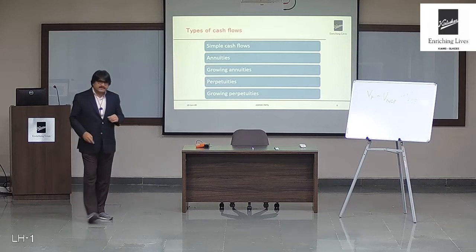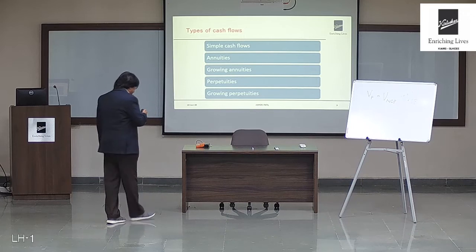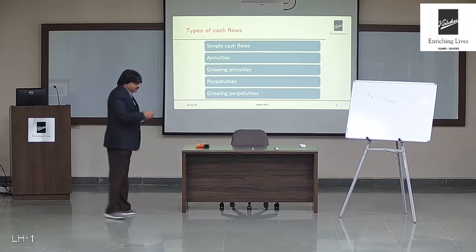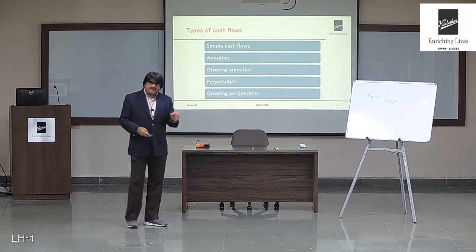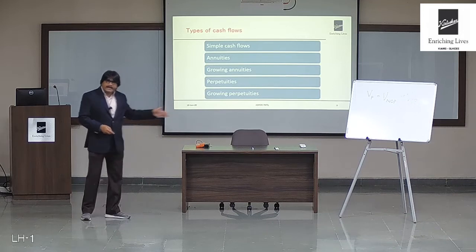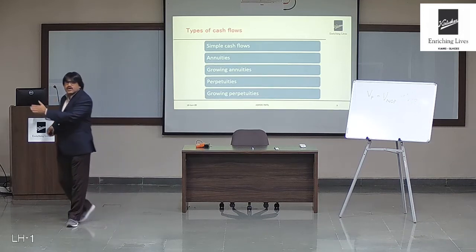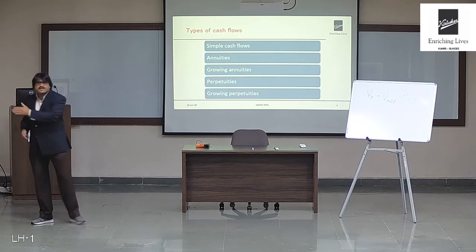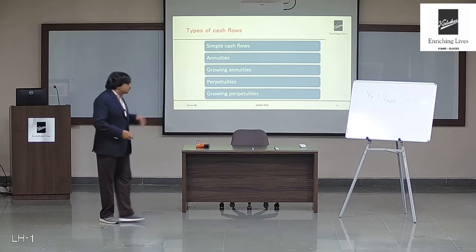These are some classifications. The first is simple cash flows, that is a single one-time cash flow, and what is the value of that cash flow today. Similarly, in annuities, a constant sum is generated over a period, and we ask what is the value of those cash flows today.